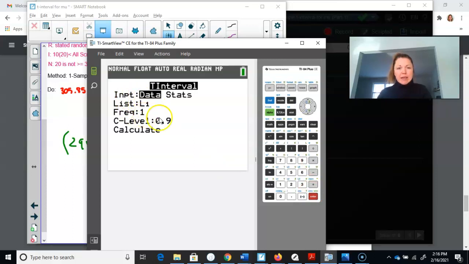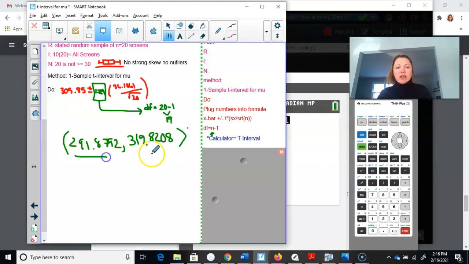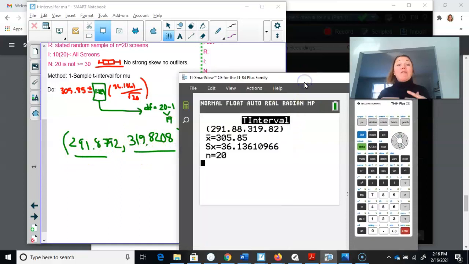We leave our frequency at 1 and we want to construct a 90% confidence interval. If I wanted 95, I could change it. I hit enter, and it just created my lower bound and my upper bound without having to do that extra work. Now there's times when we have to do that extra work, and I'll show you that in the next slide.